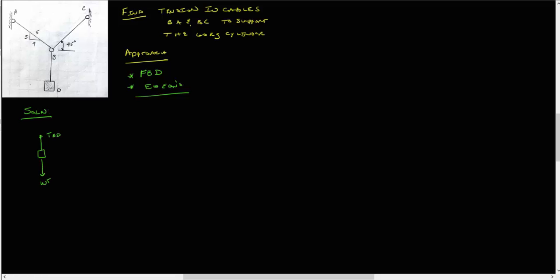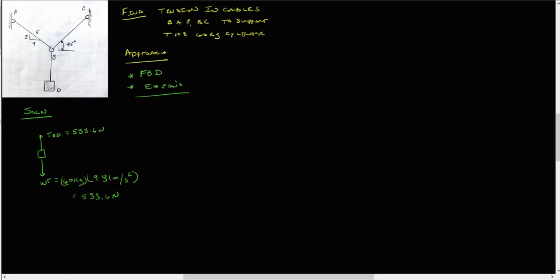So weight is equal to the tension in BD, so my weight here is 60 kilograms times 9.81 meters per second squared, which comes out to be 588.6 newtons. So this then is going to be 588.6 newtons.